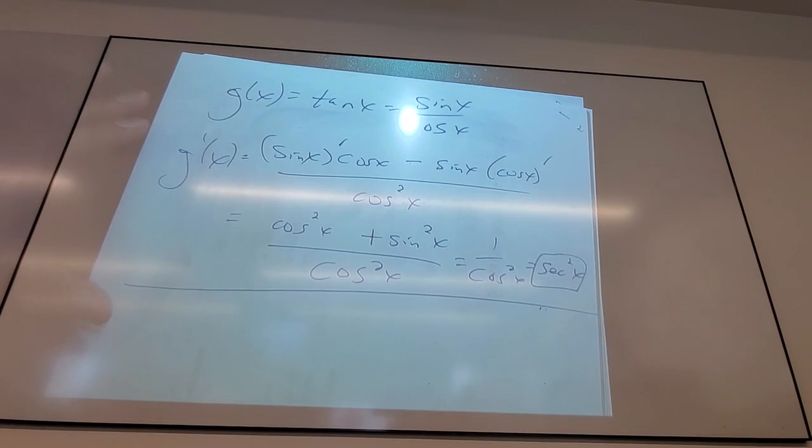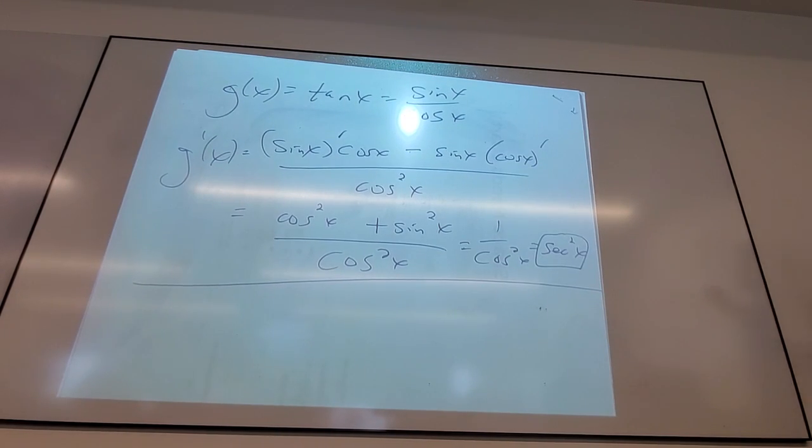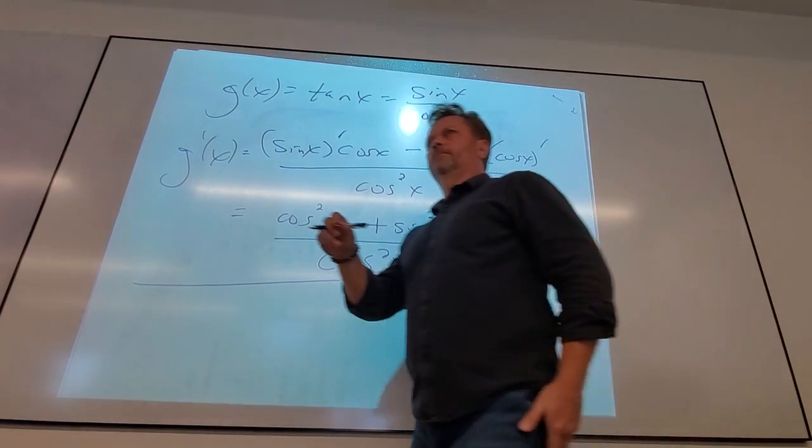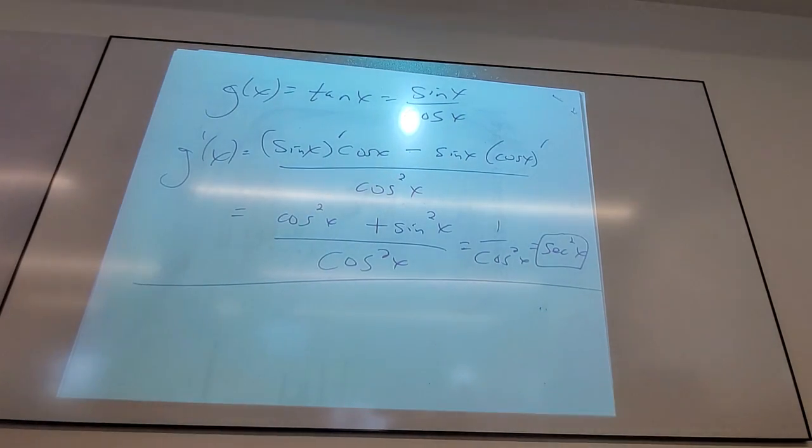Now, let me ask you this. If you had to take a guess, what do you think the derivative of cotangent would be? Negative cosecant squared. How do we prove it? Well, cotangent is cosine over sine, yes? Everything we just did.